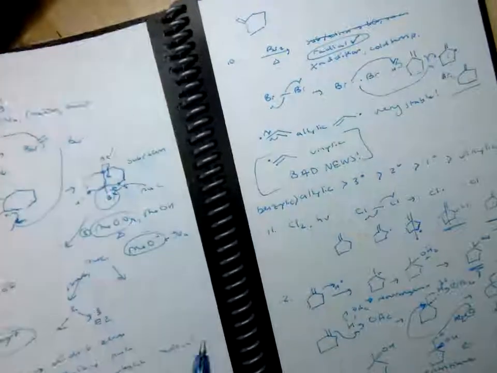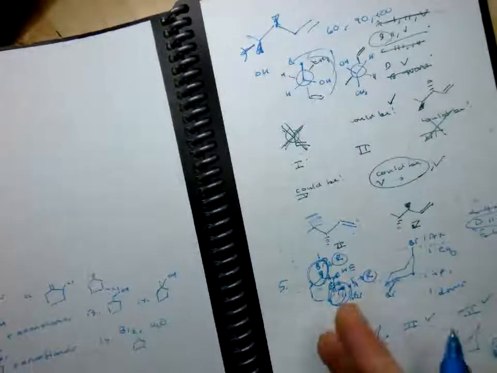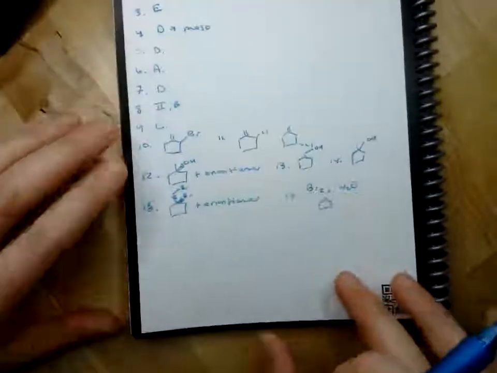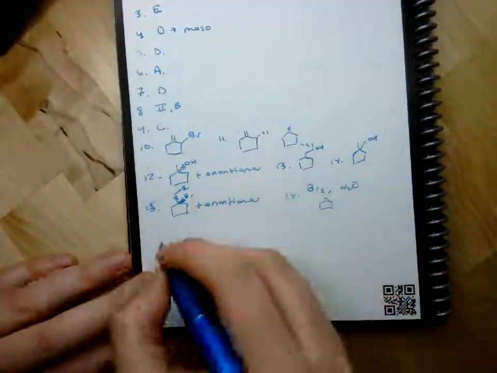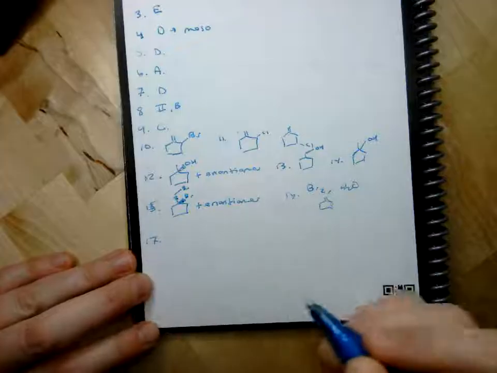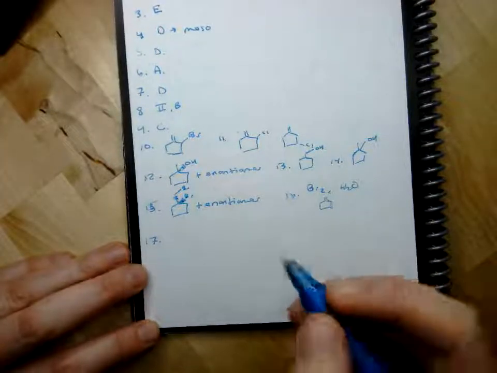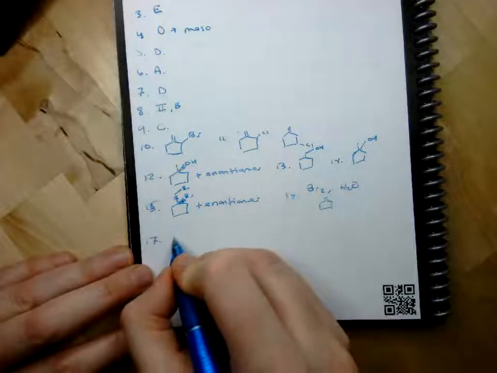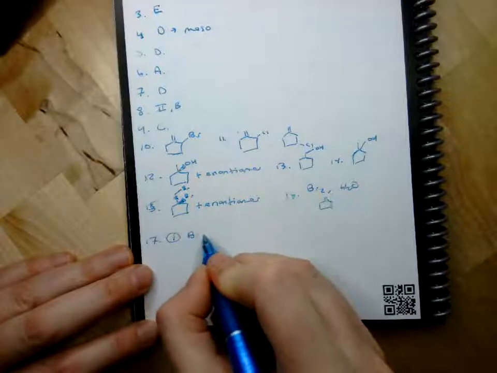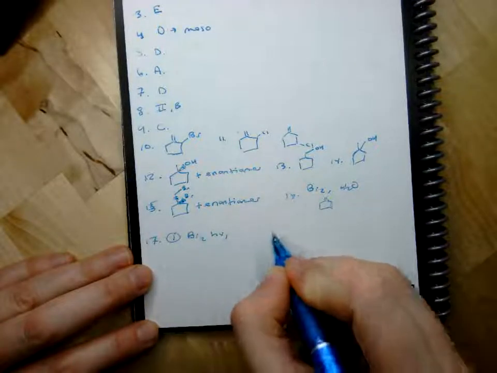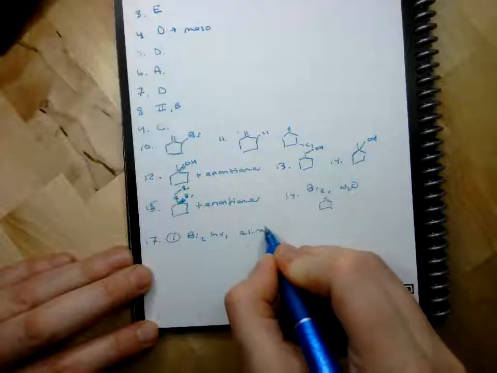So that's my proposed way of working through it. Some people work backwards, like they say, okay, I've got a double bond, how do you go from a double bond to the thing before it? For me, it's easier to look at the starting material and the ending material and see what changed and figure out how I can get from point A to point B. So it depends on what's easiest for you, but I would do a two-step reaction, one with Br2 and HNu, and then an elimination.